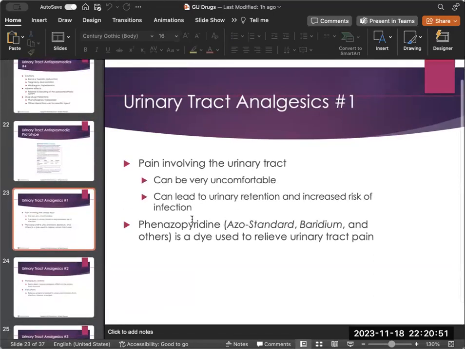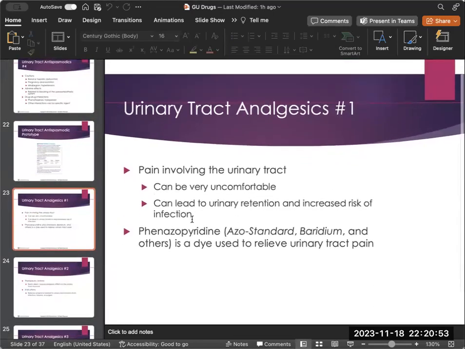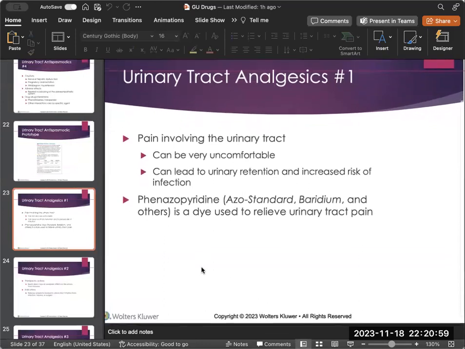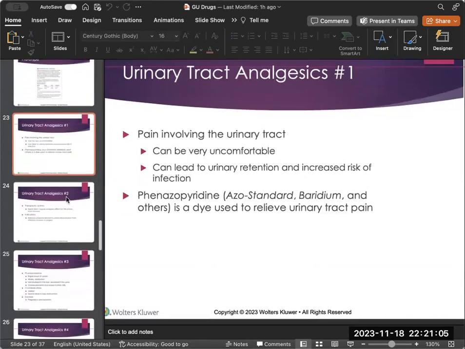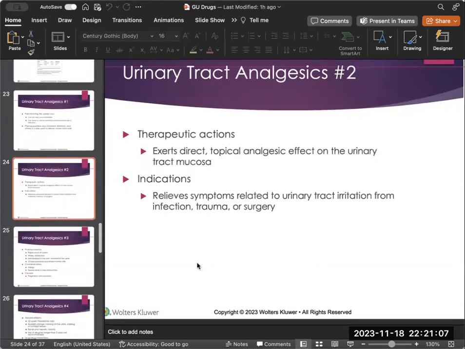So we also have urinary tract analgesics, ones that help with pain, because urinary tract infections are very uncomfortable and very painful, okay? So what we give is phenazopyridine, which is a dye to help relieve urinary tract pain, okay? So essentially it's a topical analgesic, right?